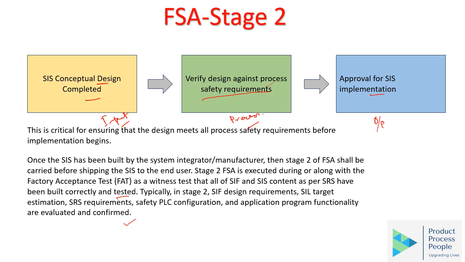So as you can see, this is a long list, and this stage also becomes very crucial because there is still a chance to correct your design. There is still minimum modification required to have the SIS as per our SRS, right?